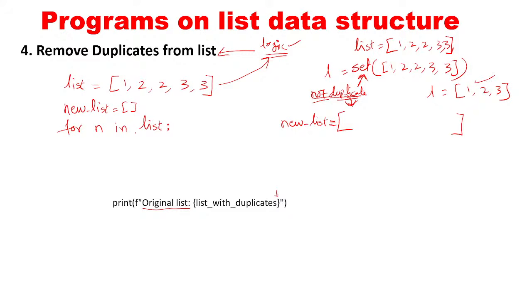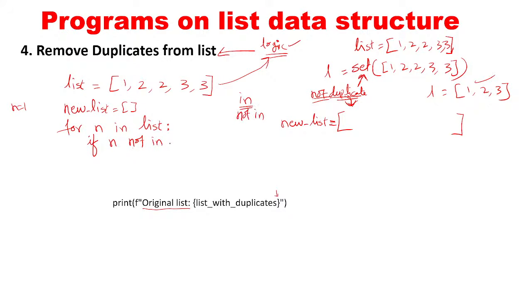For that, how do we test whether it is a member or not? We said the in operator is there; in is called a membership operator. So n first gets the value 1, and I am checking whether 1 is present in this new list or not. There are two operators, in and not in.